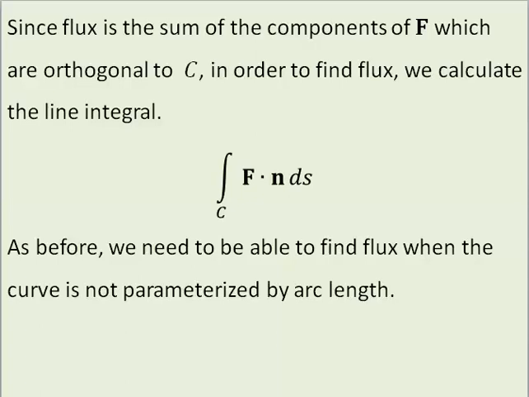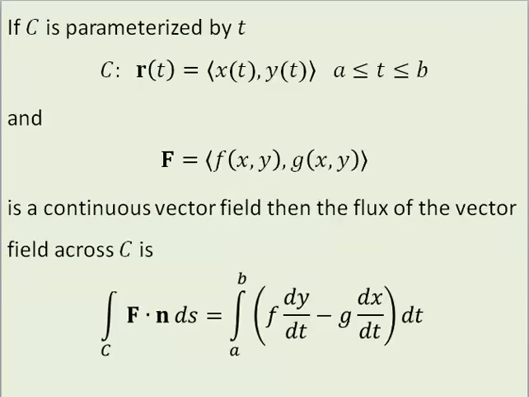As before, we need to be able to find flux when the curve is not parameterized by arc length. If C is parameterized by t and the vector field F has components given by the functions f and g, then to find flux, we first find f times dy/dt minus g times dx/dt.